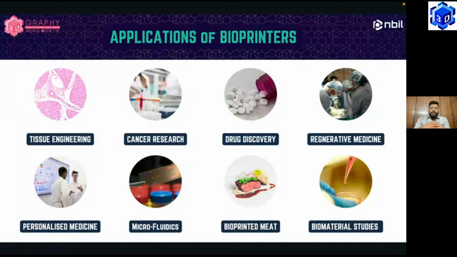Obviously, we all know about the applications of bioprinters as well. Right from tissue engineering, where, for example, we were developing skin, and others are developing bone and other organs. But there are other implications of the technology as well, and that's what we learned over the past 6 years.